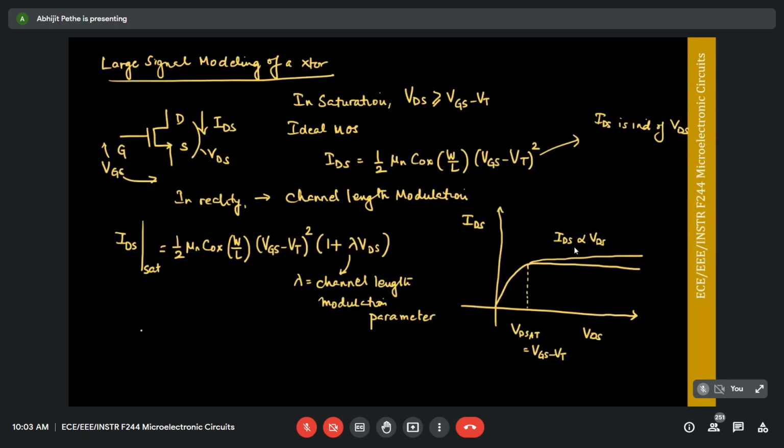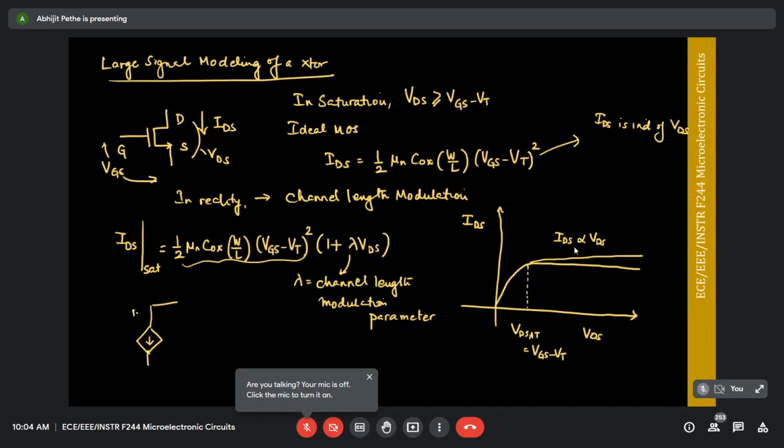So similarly here, the way we model this, what does this mean? This continues to be the current source, but what is happening because of VDS? Because of VDS, if you think about the current source of the transistor, this is your drain and source. Now the current flowing through this transistor, unfortunately, is a function of VDS, right? So we see that it begins to look like an imperfect current source.